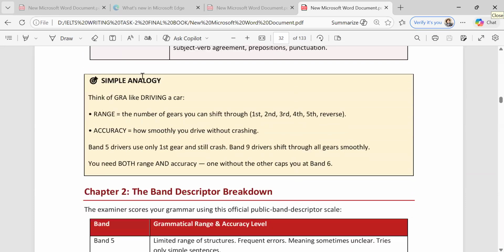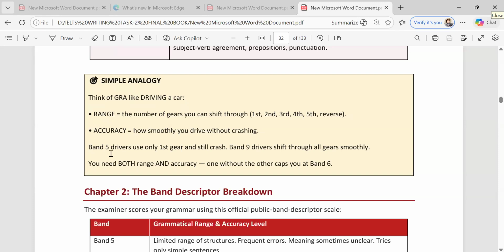So, simple. Think of grammar like driving a car. Range is the number of gears you can shift through: first, second, third, reverse, etc. And accuracy is how smoothly you drive without crashing.